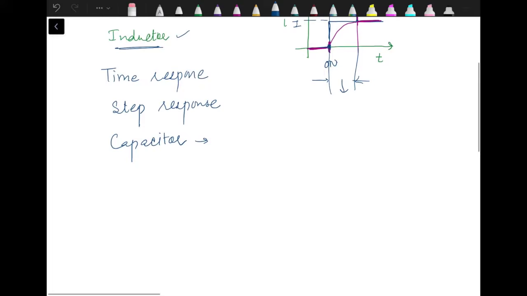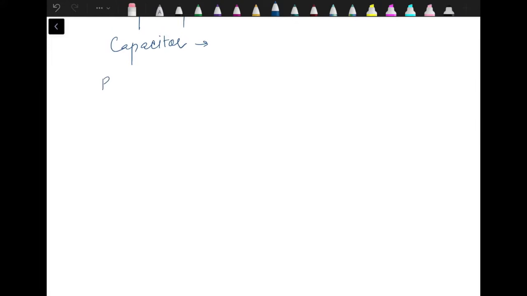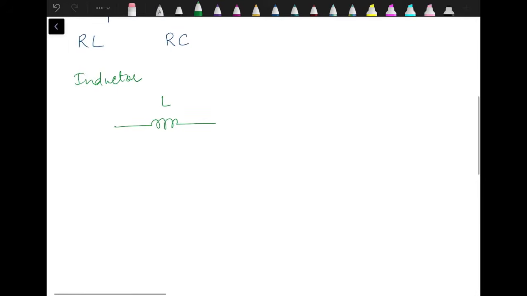So in transient analysis, we can have the combination of resistance and inductor, and we can have the combination of resistance and capacitor. But before moving on to their combinations, we need to understand how the inductor behaves. Now let's say we have an inductor having value L. Current through this is 0.